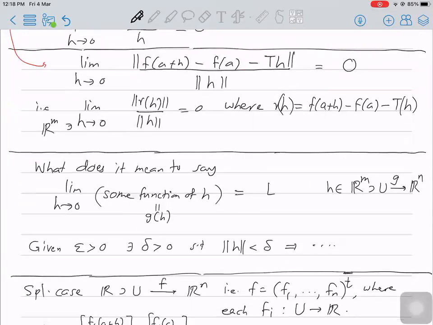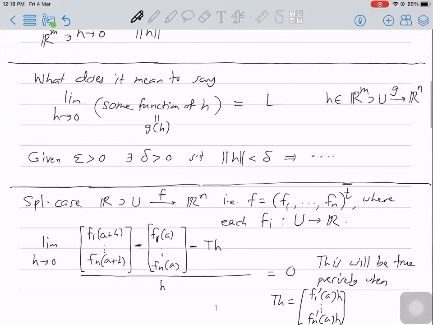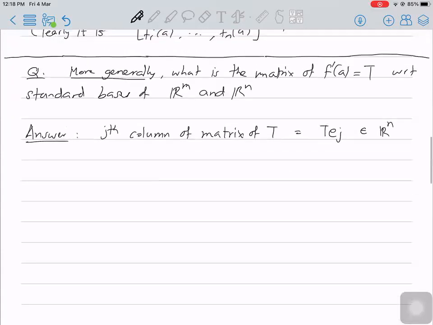So look at this limit. What will I do? I will simply take h to be some lambda times ej. So let's write that down. The limit of f of a plus lambda times ej minus f of a, divided by... now I wanted to take h, but there is no h over here.